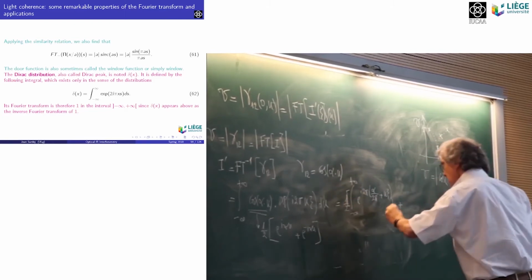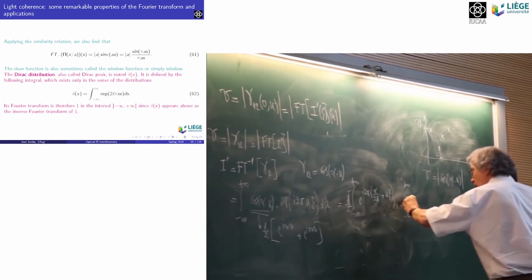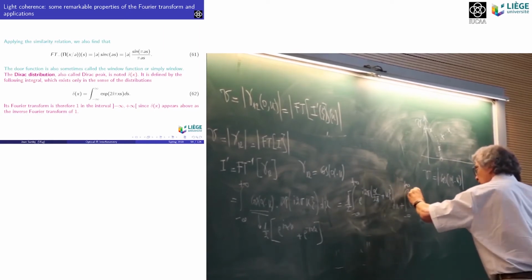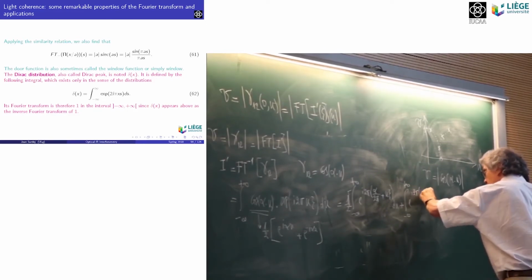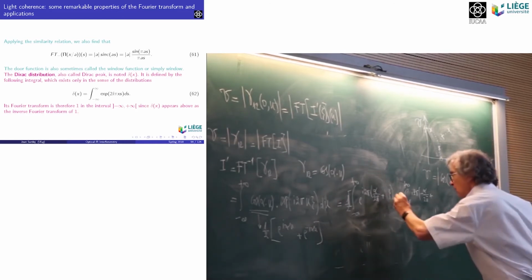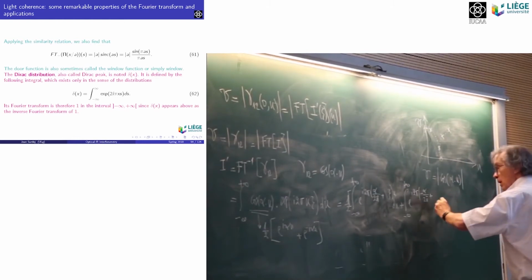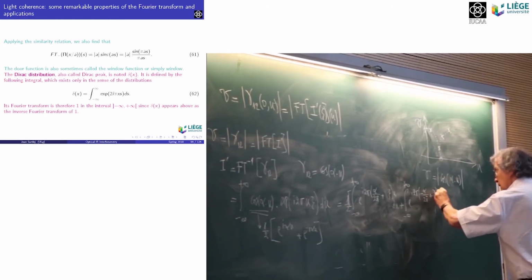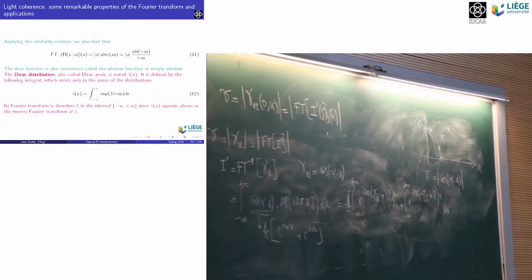So I just put a parenthesis. Integration from minus infinity to plus infinity of e to the 2 pi, now minus alpha over 2 pi, oh, here I made a mistake. So I put it like that. And here it will be plus zeta times u du. You agree?